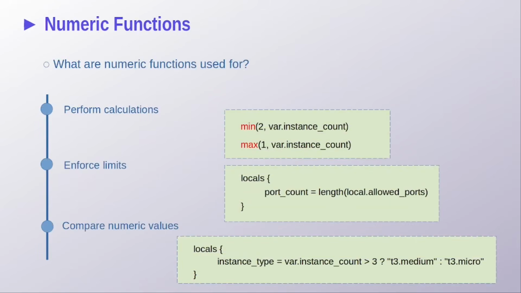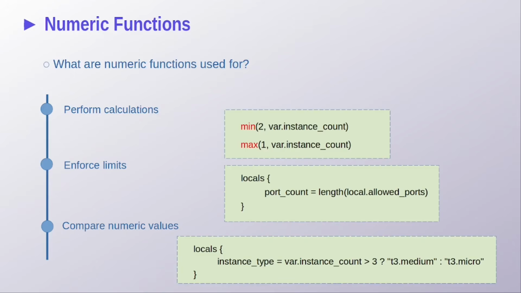Number functions. Why number functions? Numbers control scale, size, limits, cost. Terraform number functions help you compare numbers, enforce boundaries, calculate values. Example 1, min and max. Meaning never create more than 2 and never create less than 1.